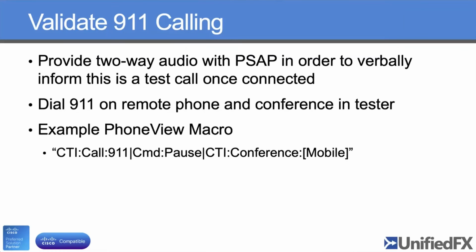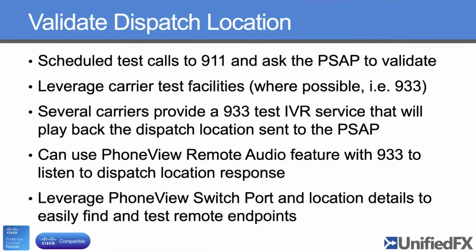That sets up the initial calling party, which is the test call to 911, as the initial call leg, and then adds in yourself or whoever to have a mini conference call, to talk to the public service answer point and prove it's been set up correctly. I've got a little demo of that in a minute.